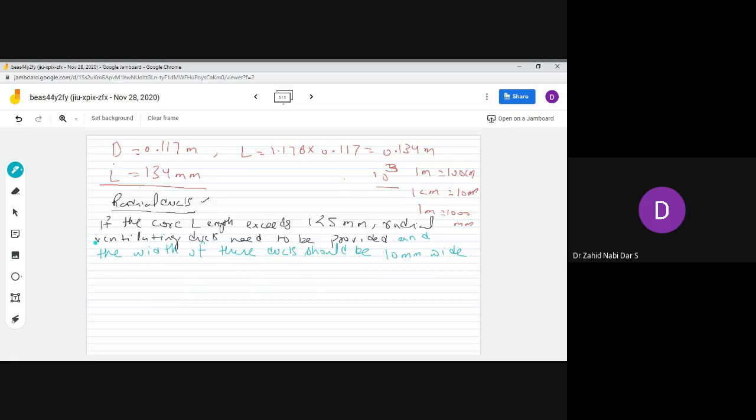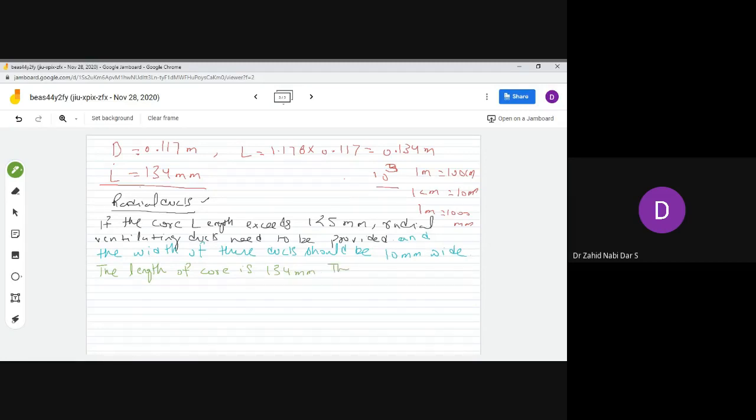So I'll write down: the length of the core is 134 millimeter.